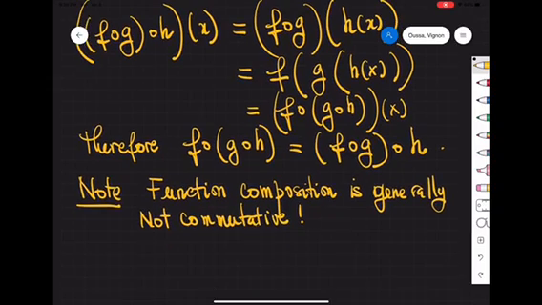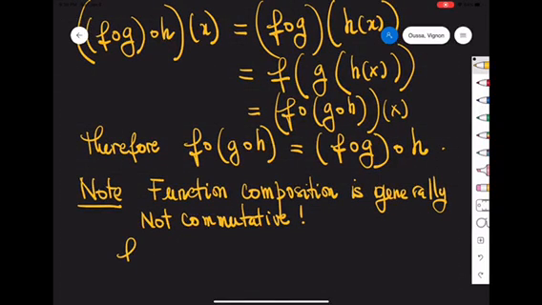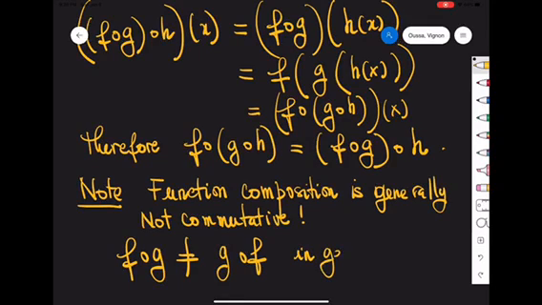What does that mean? This means that generally F composed with G is not going to be G composed with F in general. I mean that sometimes you see it, but you cannot guarantee that this will happen because it doesn't happen.